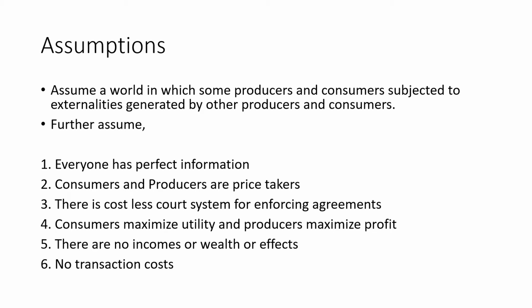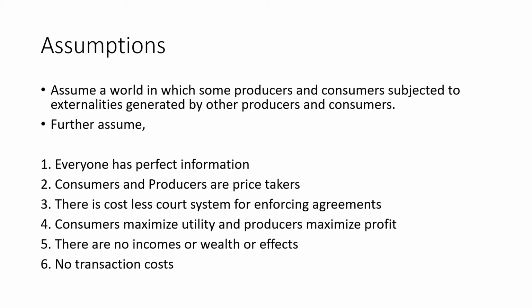It's very important to assume certain things if you go to this Coase theorem. You have to assume a world in which some producers and consumers are subjected to externalities which are generated by other producers as well as consumers. So you have to assume that everyone in the economy has got perfect information. Consumers and producers are price takers.